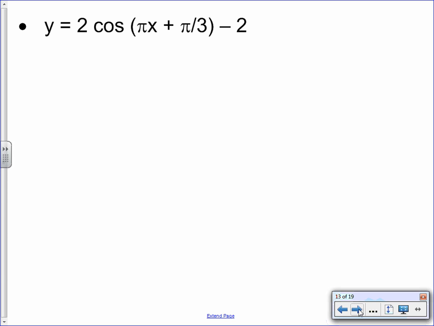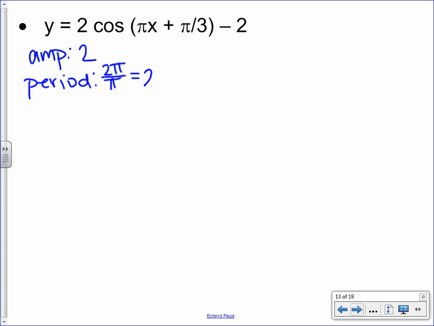Our cosine curve, 2 cosine of pi x plus pi over 3, and then minus 2. What is our amplitude? Our period is 2 pi divided by b. What is b? B is pi, so 2 pi divided by pi is 2.